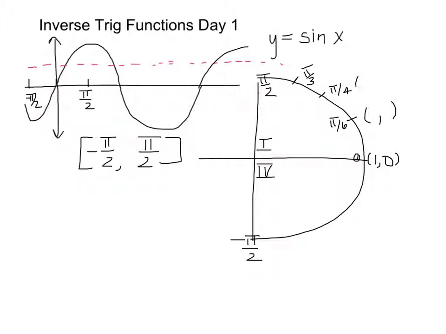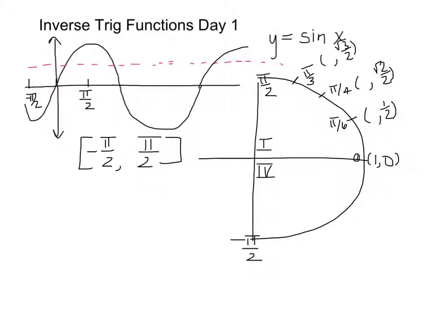So the exact values are your coordinates. And remember, sine is the y coordinate. So for pi over 6, it was 1/2. Pi over 4 is the square root of 2 over 2. And for pi over 3, it's the square root of 3 over 2.